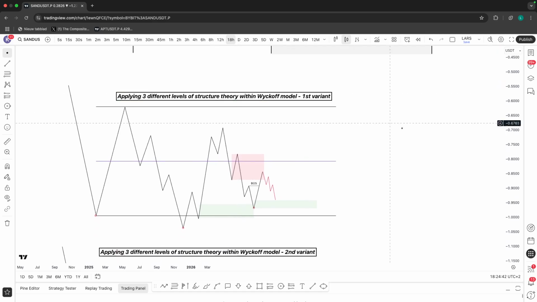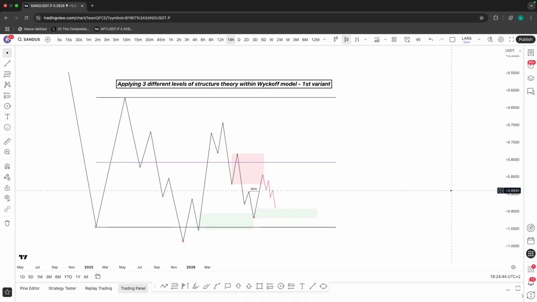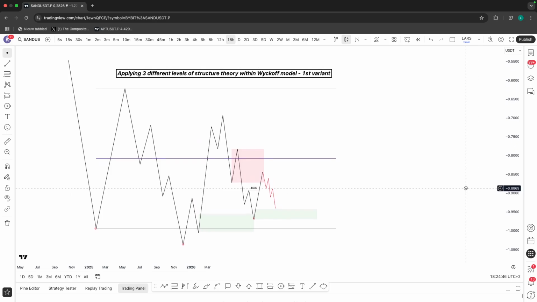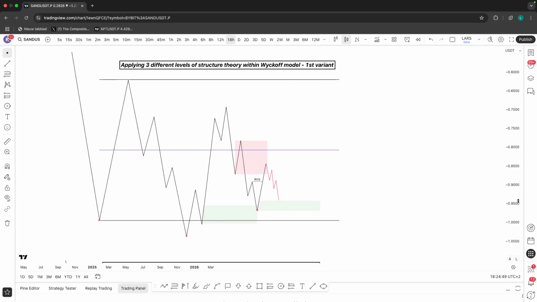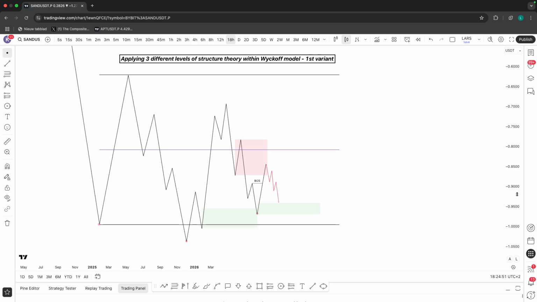Now, very important and very relevant, applying our 3 different levels of structure theory within Wyckoff models, the first variant. As you can see here, we have our initial range low, we have our initial range high, we have a deviation creating a second tap, we're creating a nice good looking third tap POI, and price comes back down into that third tap, okay?